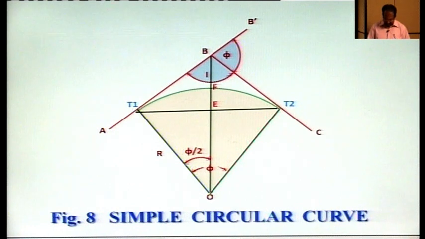The beginning of the curve, where the curve starts, the point T1, is called the tangent curve point, and the end of the curve, where the curve ends, the point T2, is called the curve tangent point.